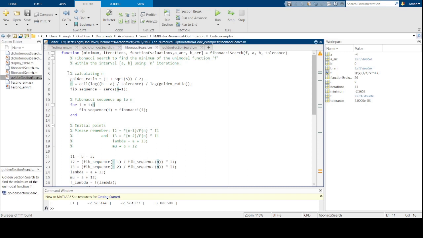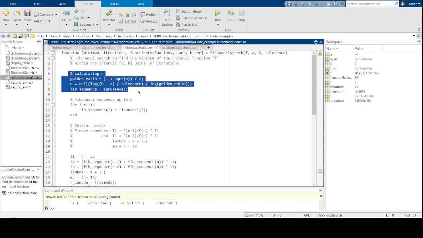Now, if you can see in the first step, we try to calculate n. The calculation done here is a little bit complicated, but overall what it's trying to say is, let's say you get some interval a and b, and you want to find the n based on that, because we want to assume the first 2 points, lambda and mu, using this.